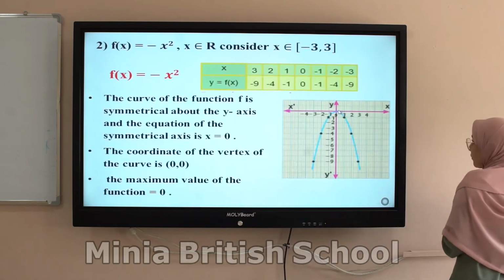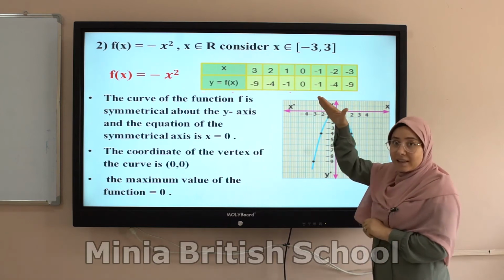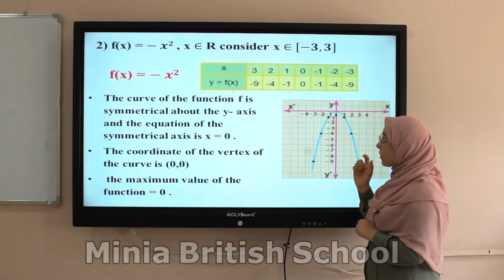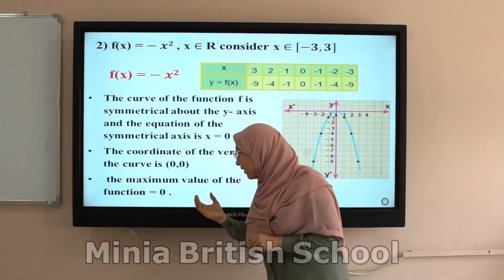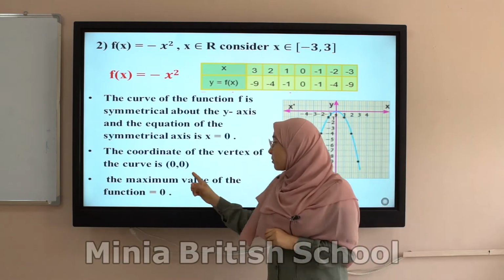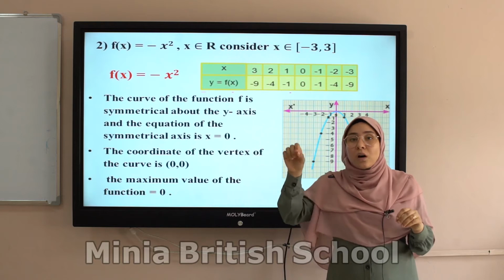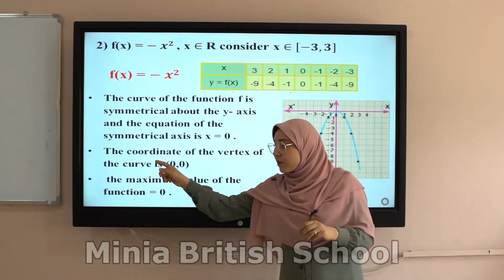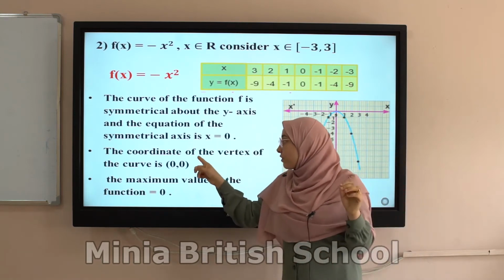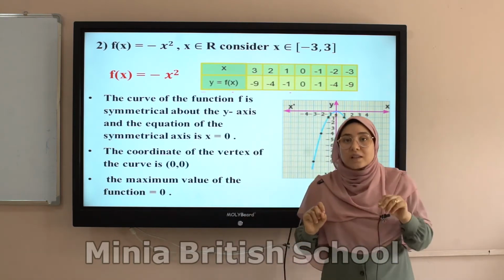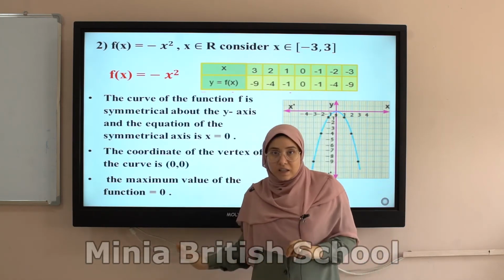So this curve has the maximum value point, and the maximum value of the function equals the value of the y coordinate at the vertex of the curve, which equals 0. So the maximum value of the function equals 0.